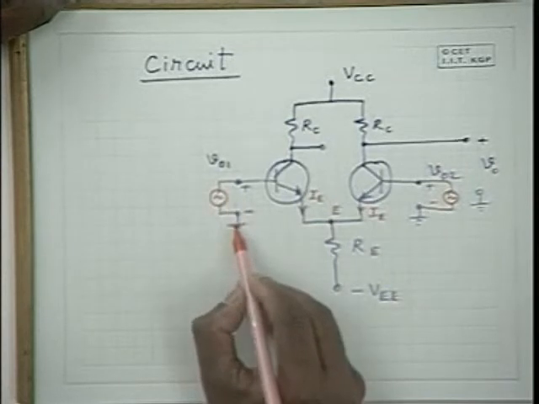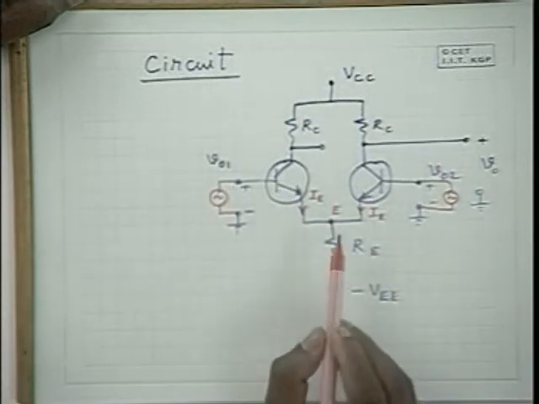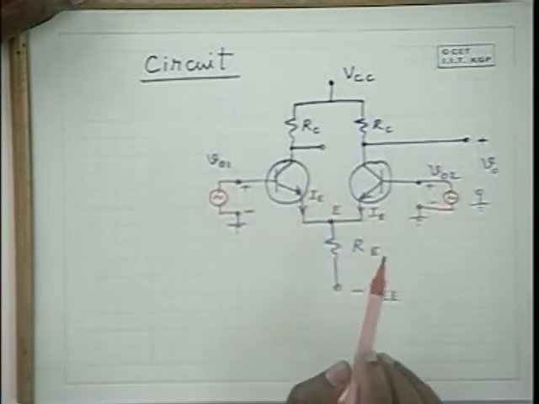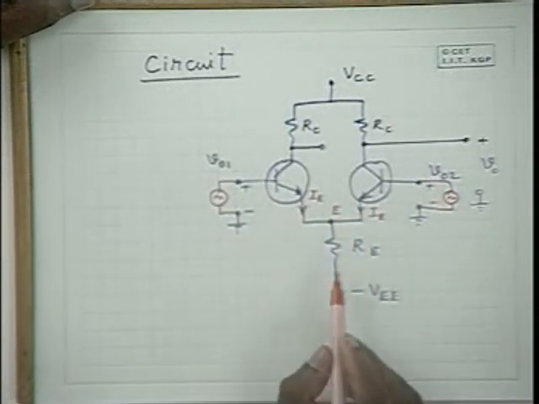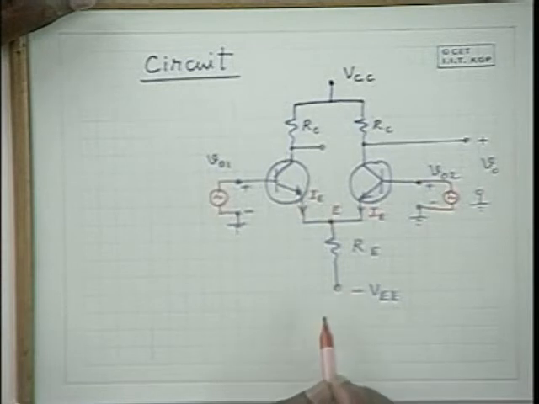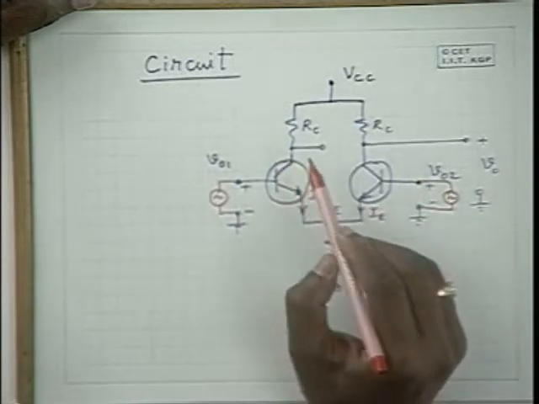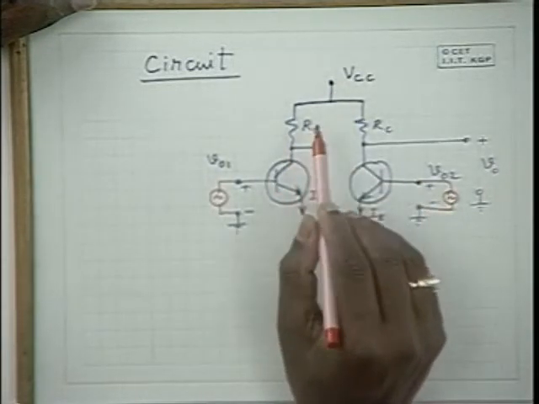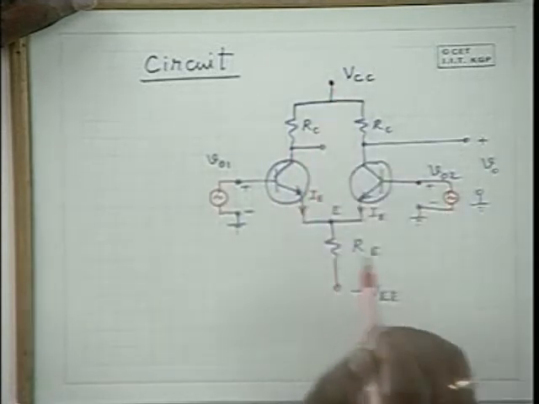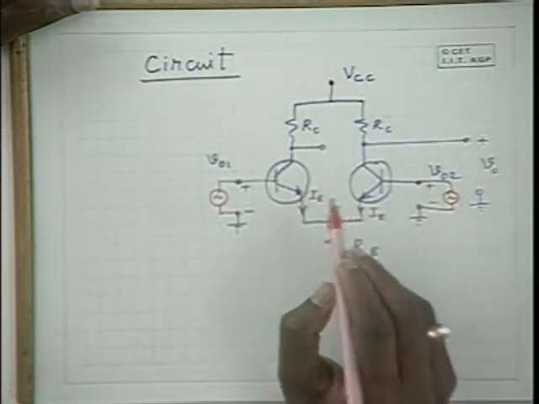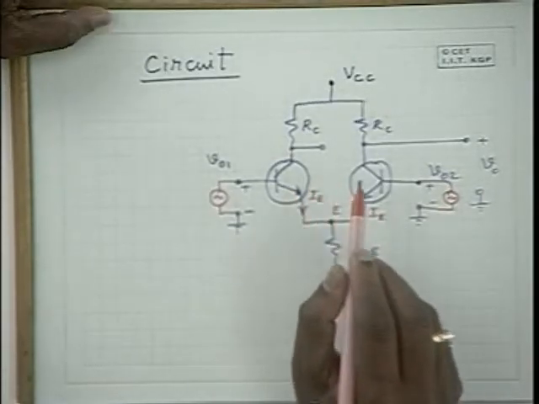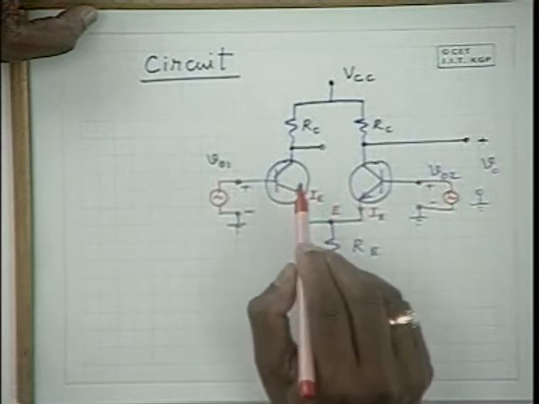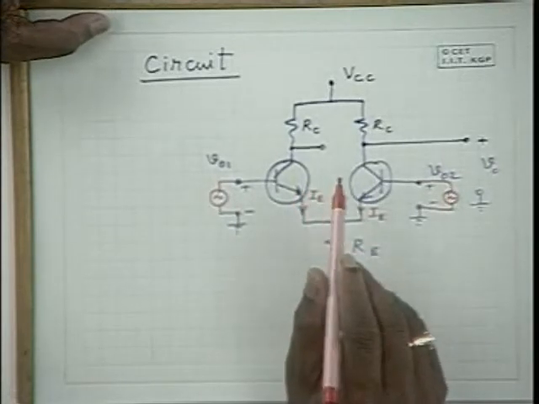Now when both the bases are grounded, please note that the base emitter junction is forward biased through RE and this negative supply, and the collector base junction is reverse biased through this positive supply. Hence we find the transistor either in the active region or in the saturation region.